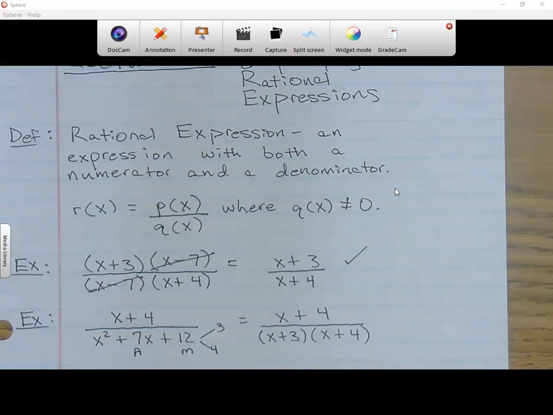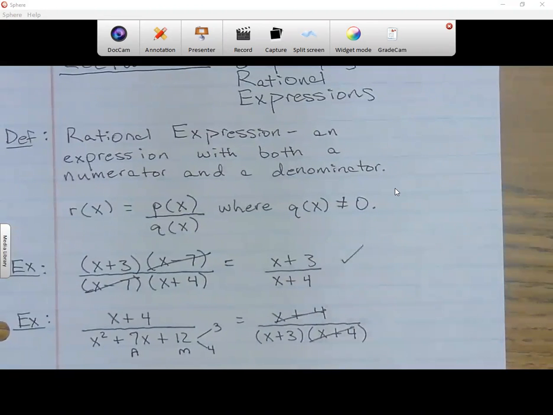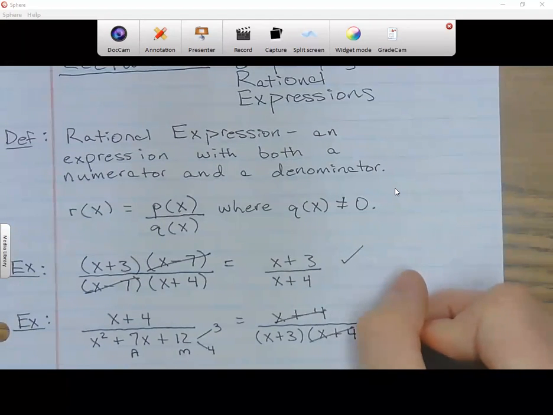Okay. So do you see anything that matches up on the top and bottom? It's that x plus 4, right? So I can cross those out. If they're the same on the top and bottom, I can cross them out. So now what do I have left on the bottom? I have x plus 3.